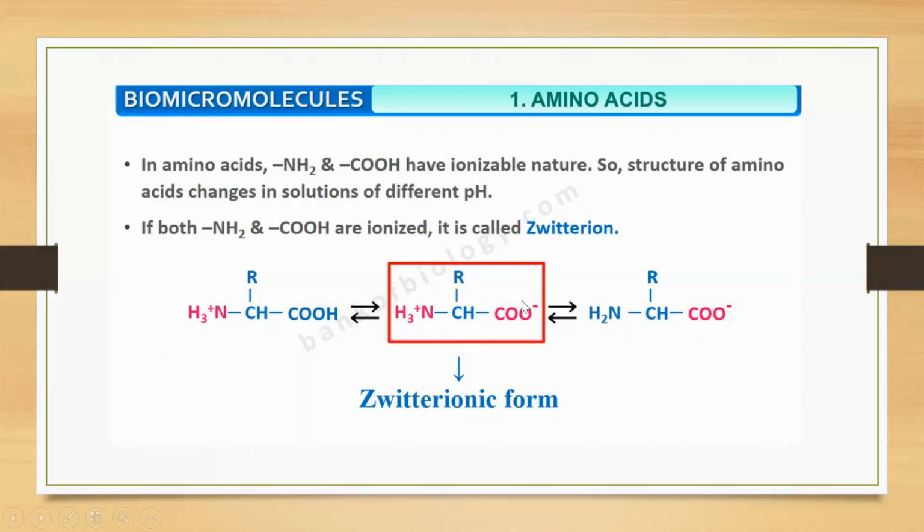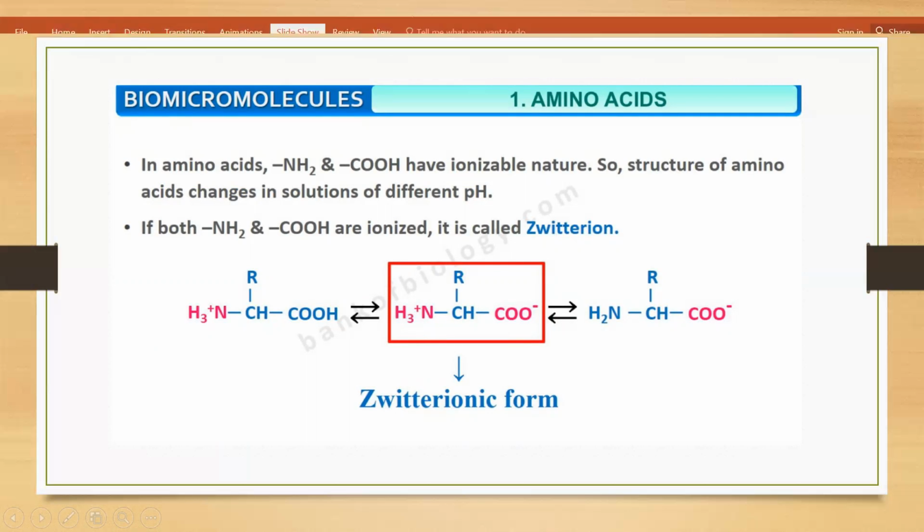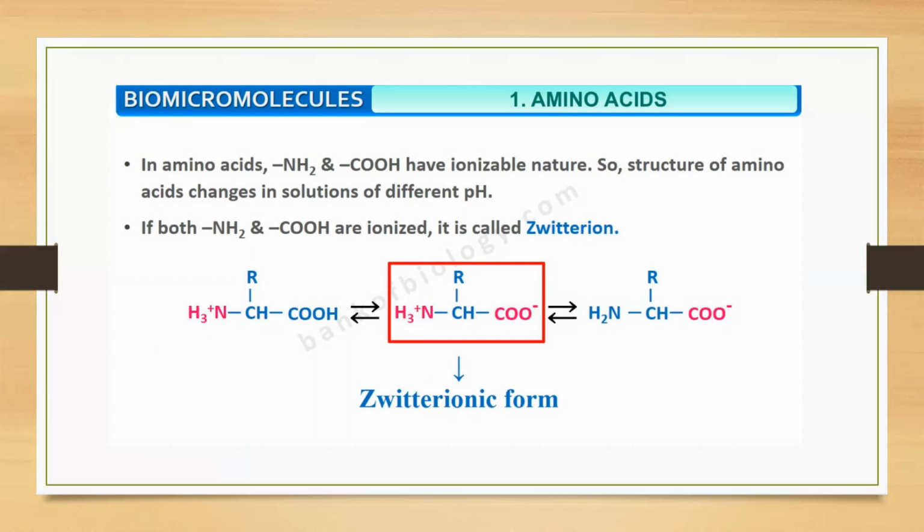You can see the center structure where the amino acid is in the form of CHR, COO minus, and the hydrogen of COOH moves to the NH2 group, so it is NH3 plus. Yes, it is in the ionic form, but still it is neutral because the ions are one positive and one negative. So it behaves as a neutral amino acid.